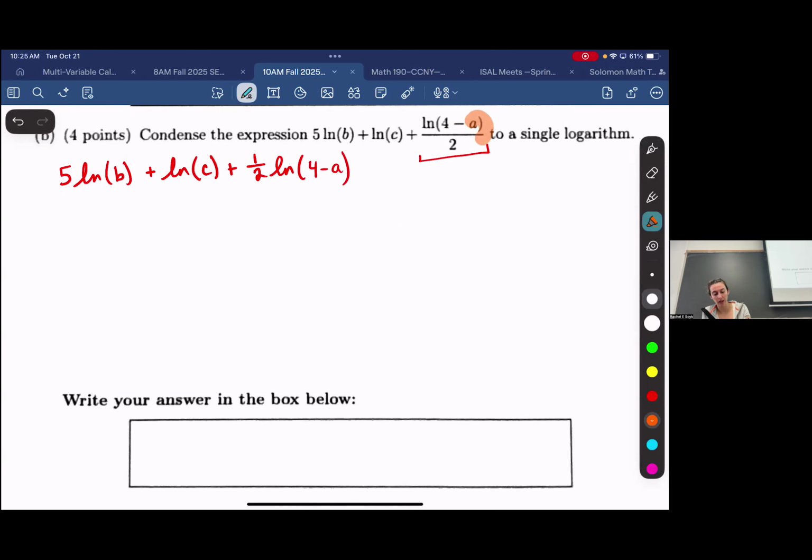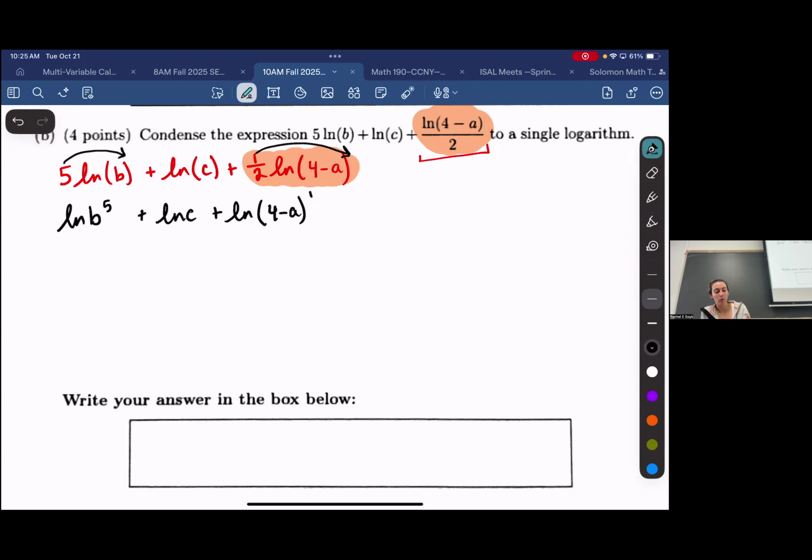That way we can utilize our power rule. Bring that 1/2 to the front as an exponent. And we can utilize power rule here as well. So let's utilize power rule in both cases, and we end up with ln of b to the 5th plus our ln of c plus ln of 4 minus a to the 1/2 power.